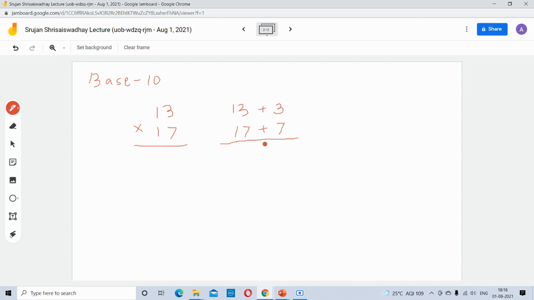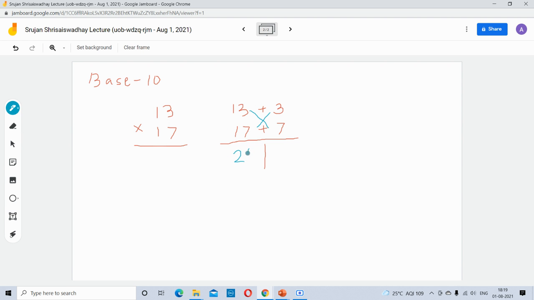Okay. Now here it is. This is the separator. Now do a cross addition of this. So 13 plus 7 is what? 20, and 17 plus 3 is 20.